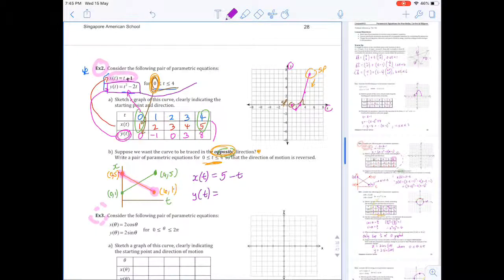Okay, so we're going to do that in the same way as we always do. If x is equal to t plus 1, then t is equal to x minus 1. If I then make that substitution into the y of t equation, it then becomes the y of x equation, and that is the rectangular equation.